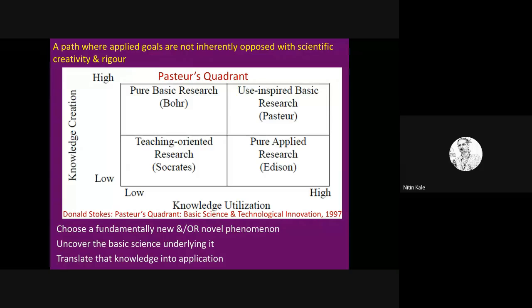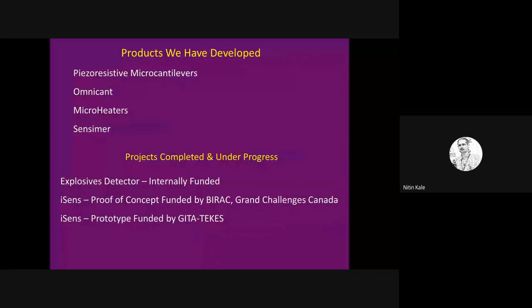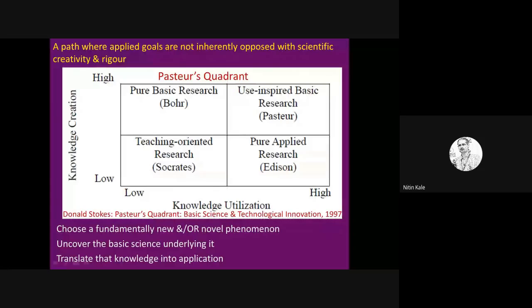The other example is pure applied research. The example is Edison, who of course created the bulb. In his case, the knowledge utilization is high, but the knowledge creation is low.